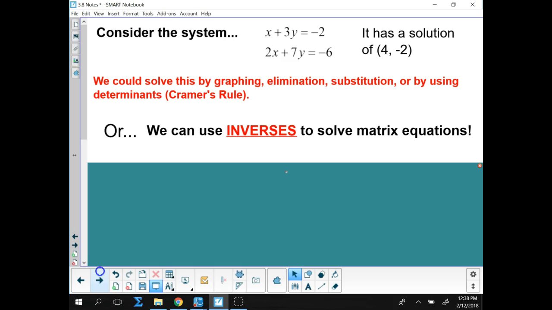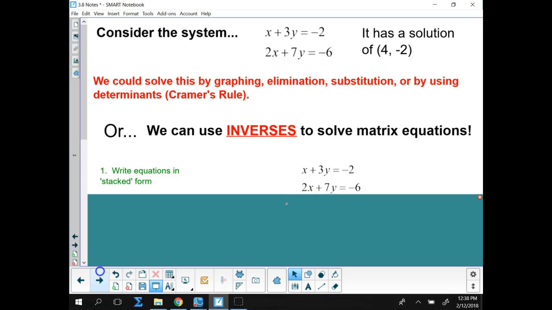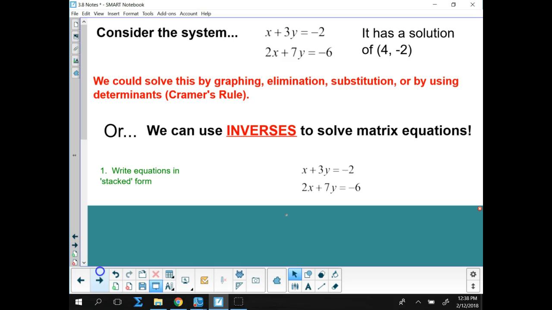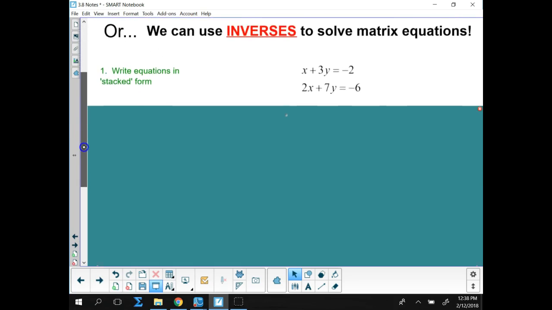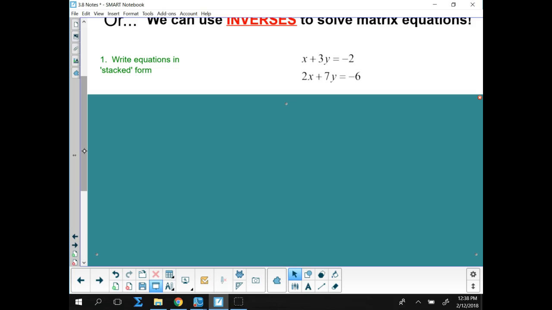Okay? Alright? So, step number 1 says, the first thing that I need to do is write my equations in stacked form, which is the elimination form. I've got to have my x's in a column, my y's in a column, my equal signs in a column, and my numbers in a column.